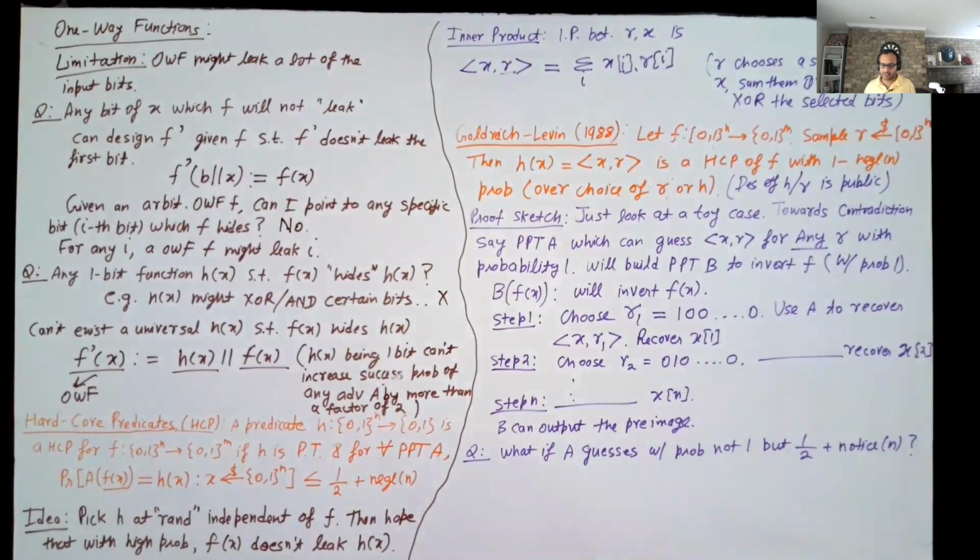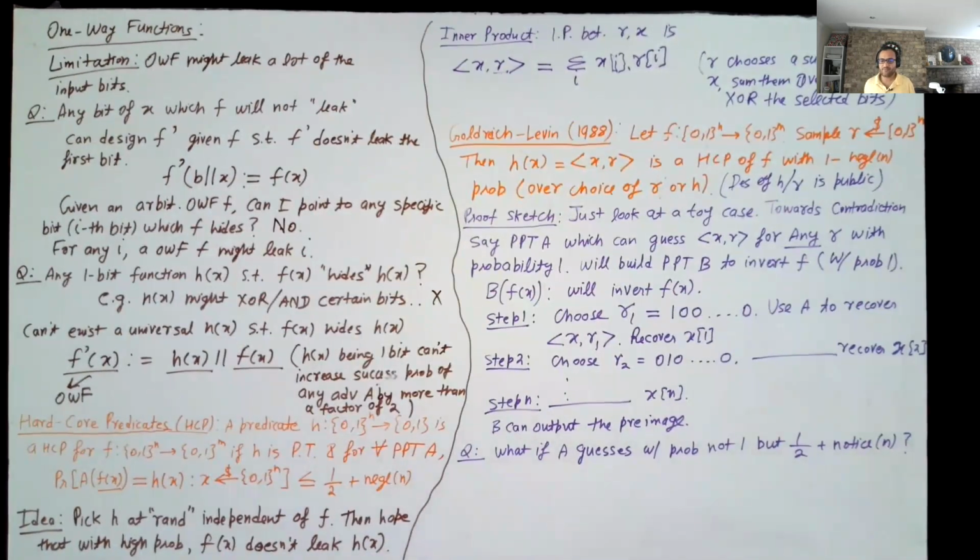Another question I can ask is, what if A guesses only for a random R, but not for R's of this specific format? So the only guarantee that we have with A is that it guesses for a random R with probability half plus noticeable.